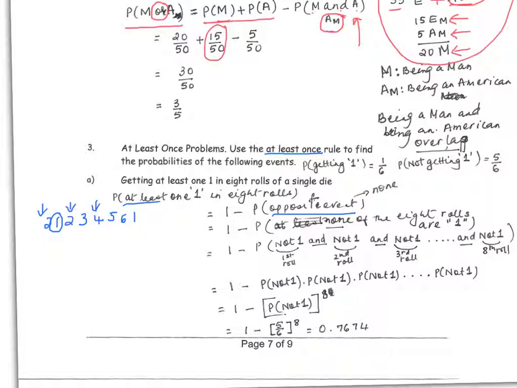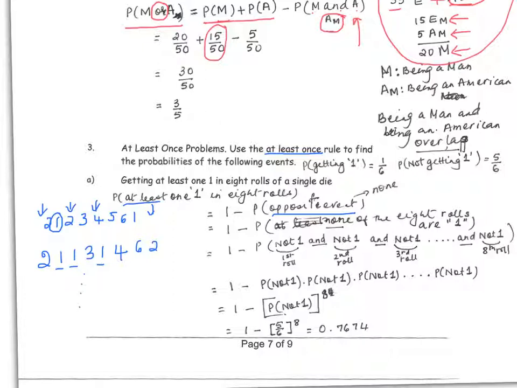There are many, many such possibilities. At least one would mean one or more. So we could even have a situation like 2, 1, 1, 3, 1, 4, 6, 2. How many 1s do we have here? It satisfies the condition of at least one.